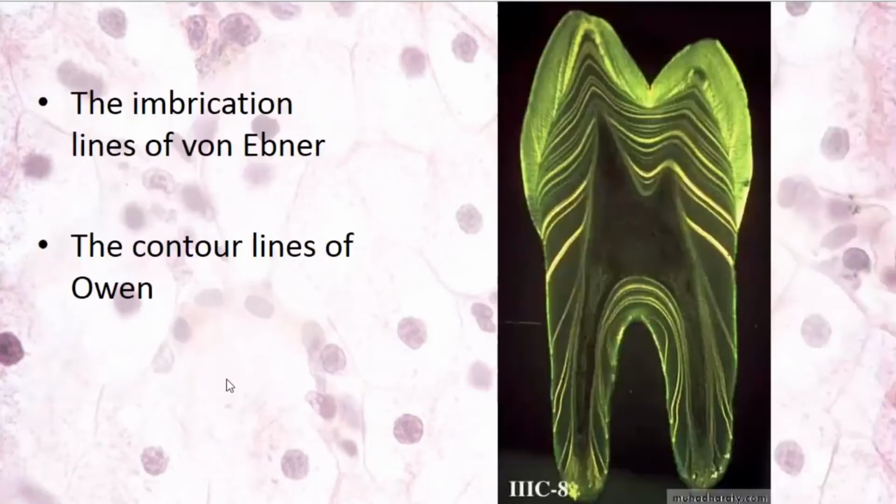And also there are imbrication lines of von Ebner and contour lines of Owen. They are similar to the Retzius lines in the enamel, and they correspond to the periods of mineralization of dentine.